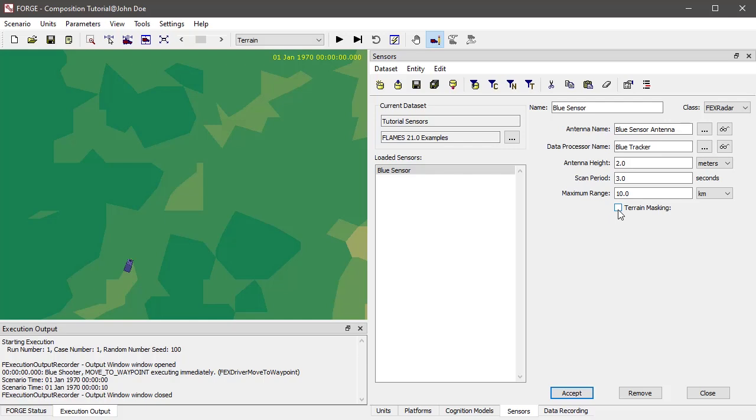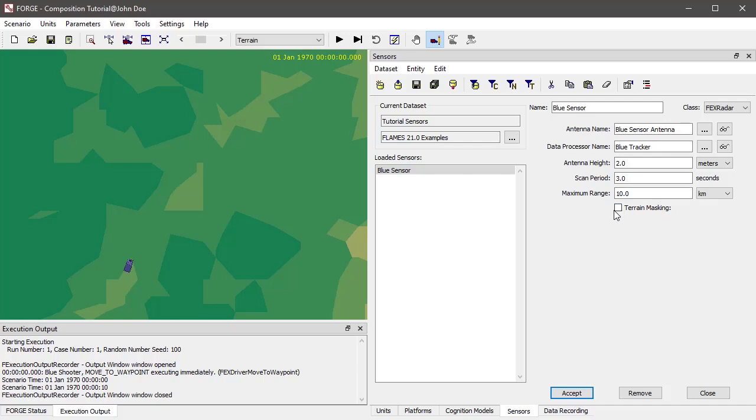We do that so that you can see in the source code of the sensor model how you call the terrain models to do terrain masking calculations. If it is masked by the terrain, then it won't see it. So that's what this sensor model does. Every 3 seconds it goes out and looks at all the things around it, based upon this geometry and whether or not terrain is there.